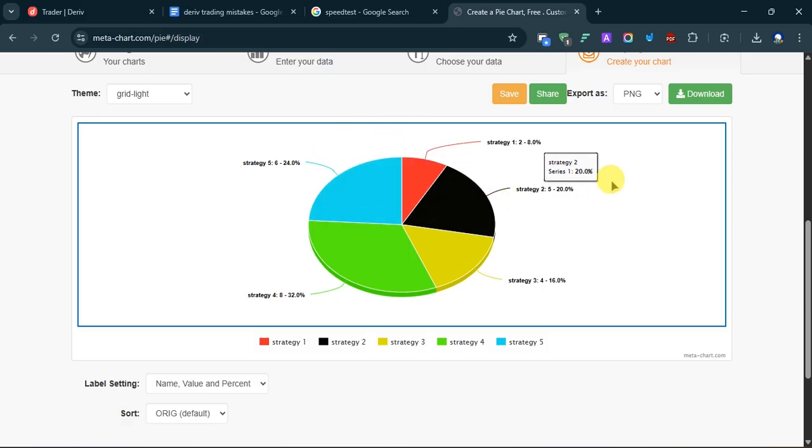So if I were considering to pick a strategy, I just pick these 2 strategies, strategy 4 and strategy 5. So I'll create a video on how you can create your own strategy, and you can keep all this data so that you can refer to this data and choose the best strategies while ignoring the worst strategies.